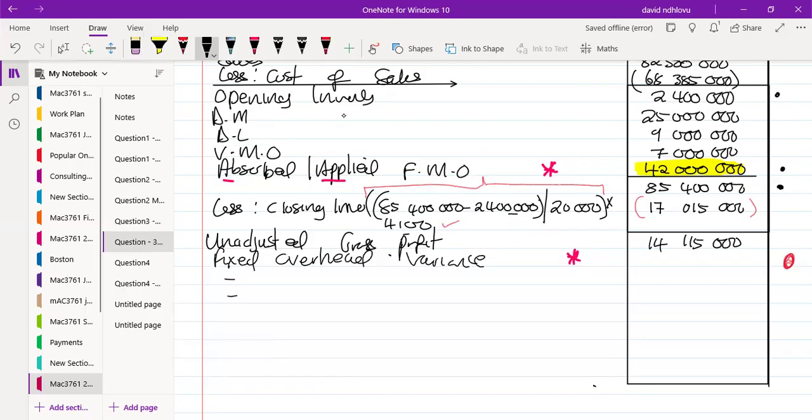There is the fixed overhead expenditure variance, and there is the fixed overhead volume variance. So instead of saying over and under applied overhead, you just calculate the variances here.